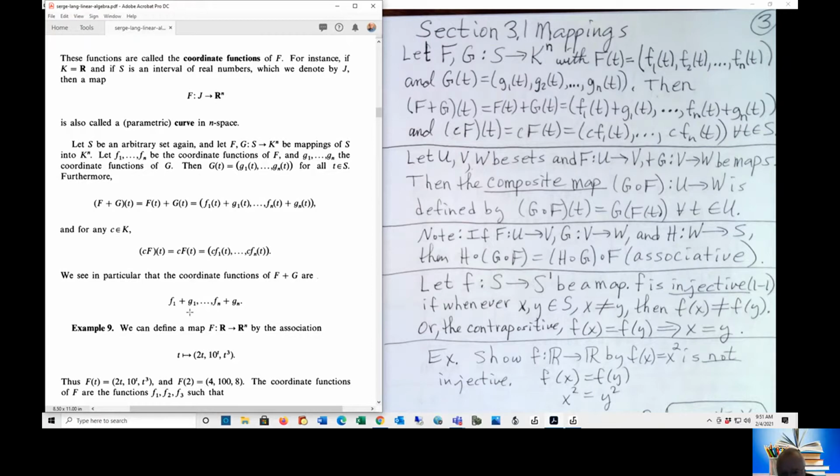And with that definition of addition and scalar multiplication, those specialized functions, parametric functions, form a vector space. And that's all that says.